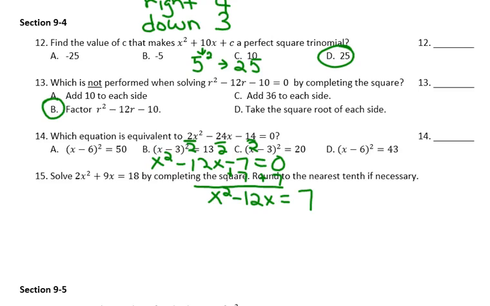Then I need to do half of 12, which is 6, which means automatically I can get rid of those two things. And then I'm going to square it, so this is going to become (x minus 6) squared. Half of 12 squared is 36, so I'm adding that over here, which is the 43.